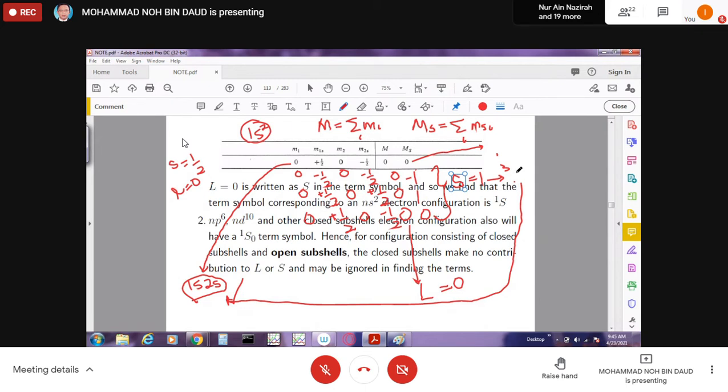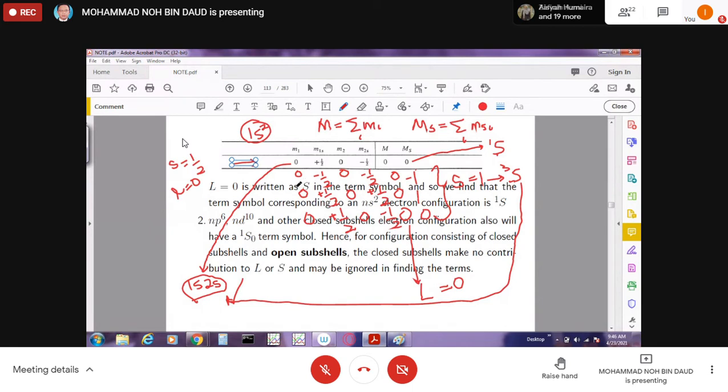For the equivalent electrons, closed shell electrons as well, we can only get fewer, because we cannot have the same set of quantum numbers. Due to the Pauli antisymmetric principle, we have another, the Pauli exclusion principle.